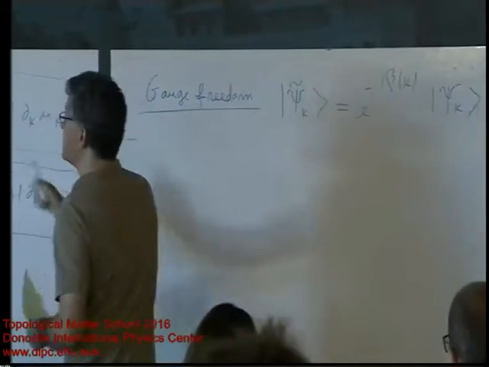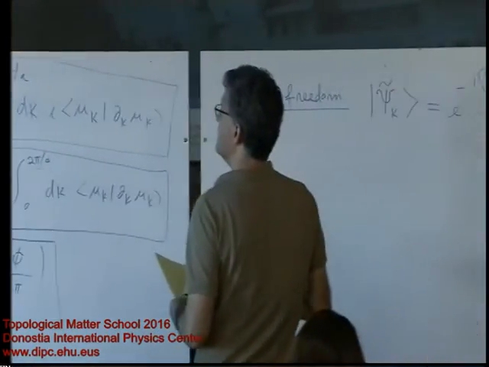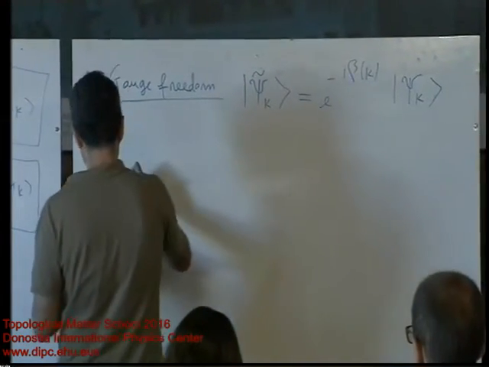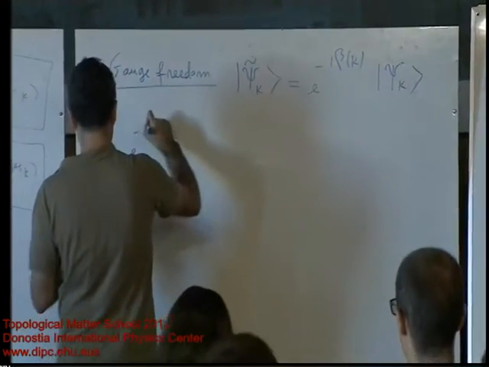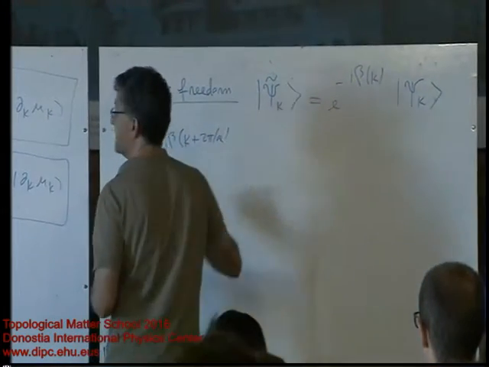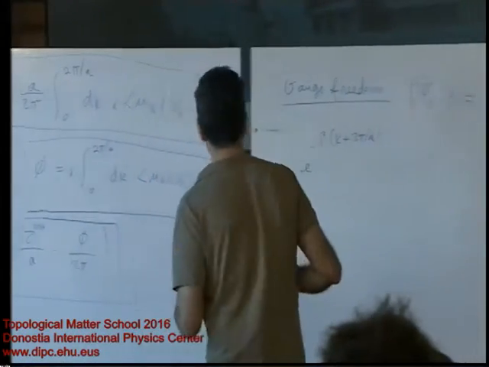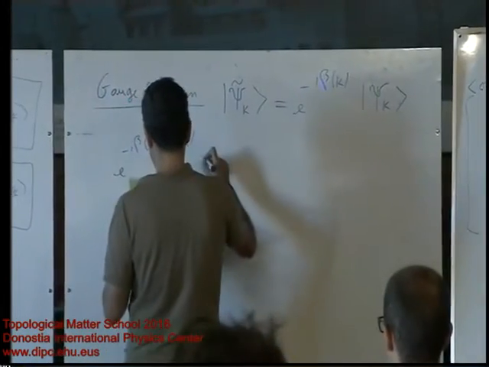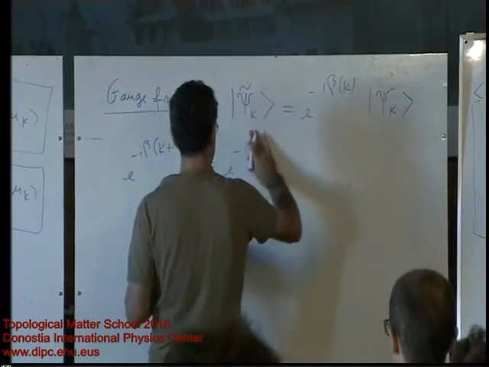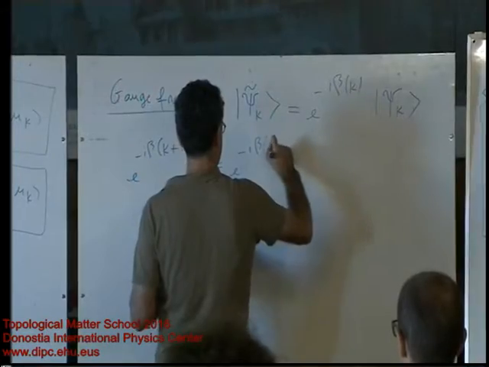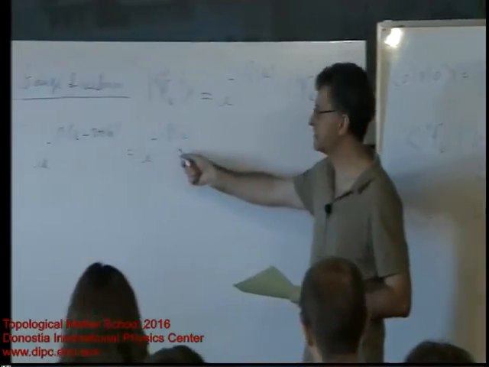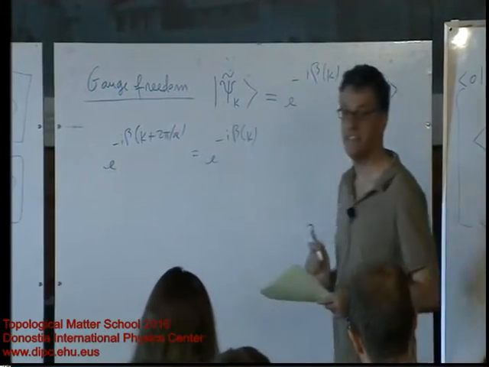So remember that what appears there, so what we want, since it relates what happens at k with what happens at k plus 2 pi over a, what we require is this. So our betas, as functions of k, have to satisfy this requirement.